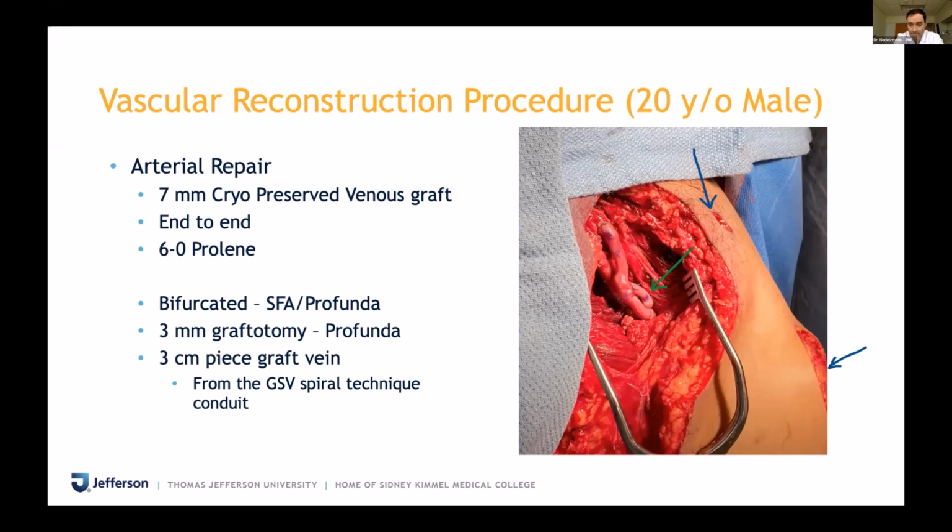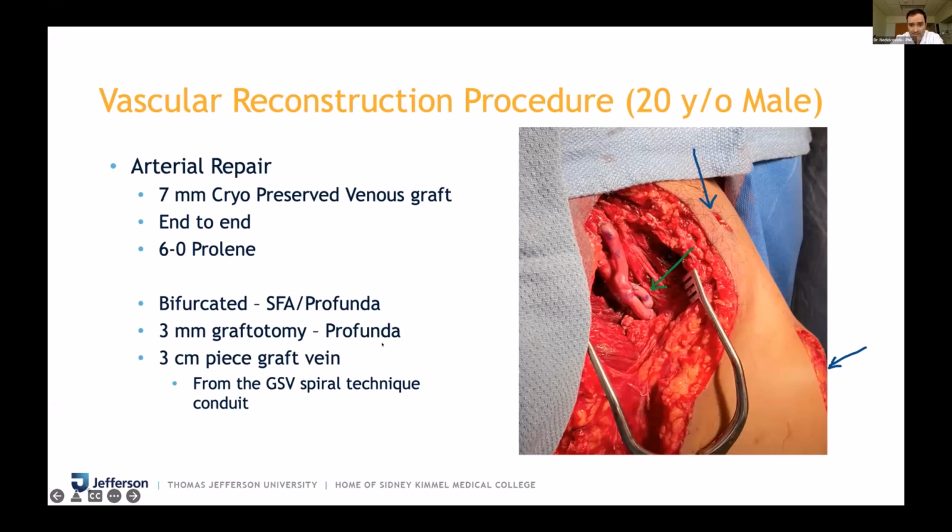We had back bleeding, and a bifurcation graft was used, in the sense that in the cryopreserved venous graft, a 3 millimeter graftotomy was performed to accommodate the profunda.